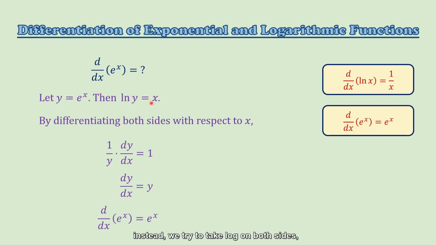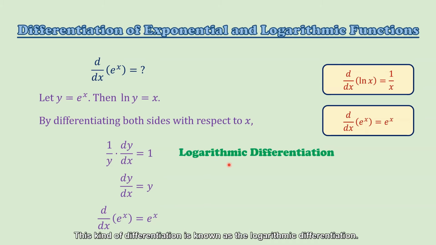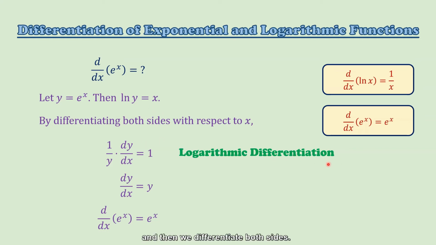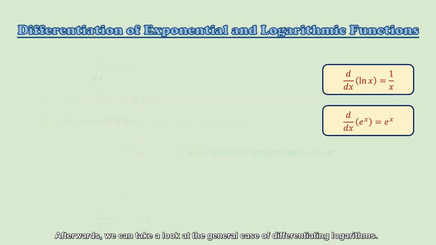Instead, we take log on both sides, and then we do the differentiation, and then afterwards we solve for dy/dx, and then we substitute e to the power x back into y. This kind of differentiation is known as logarithmic differentiation. That means instead of doing the differentiation directly, we take log on both sides, and then we differentiate both sides.